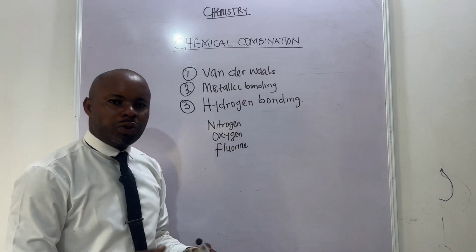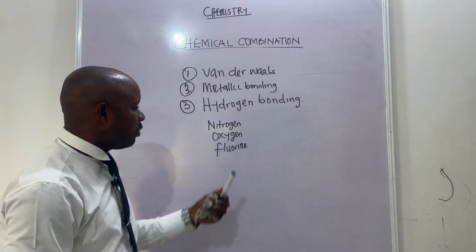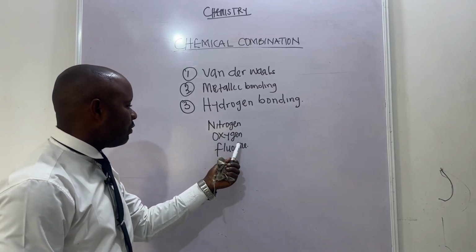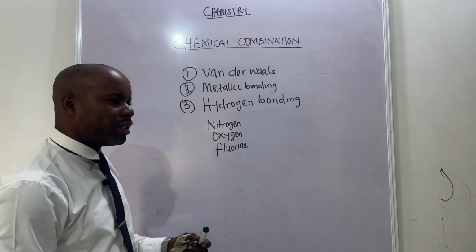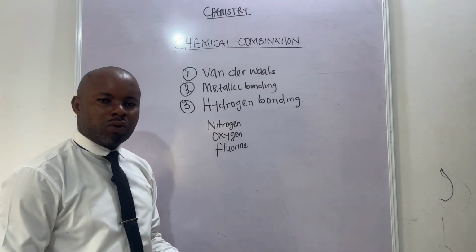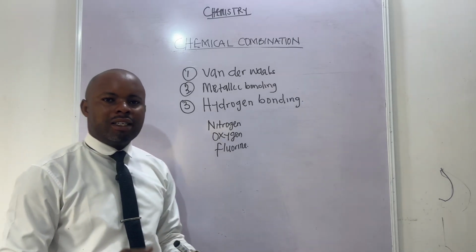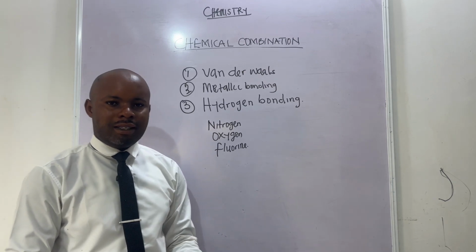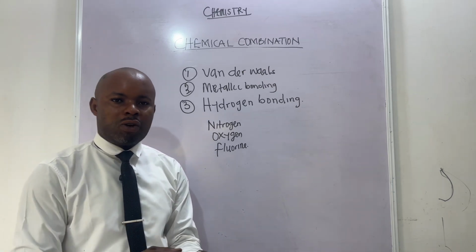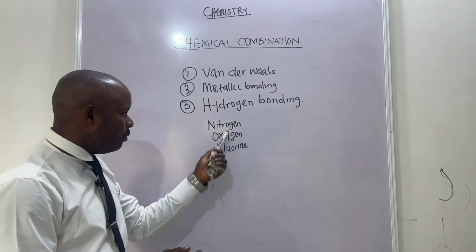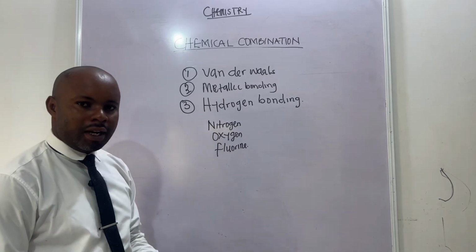When hydrogen is covalently linked with nitrogen, oxygen, and fluorine, they undergo what is known as hydrogen bonding. That is to say, hydrogen bonding is an intermolecular force that exists when hydrogen is covalently linked to these more electronegative atoms.